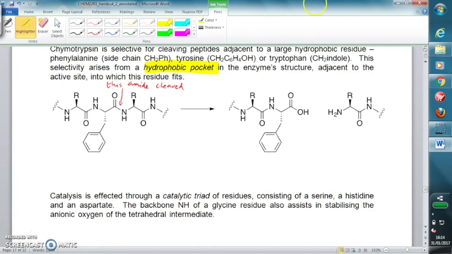So just as the name suggests, an empty area lined with hydrophobic residues into which this group can fit. Okay, so we have this sort of fitting into a pocket.